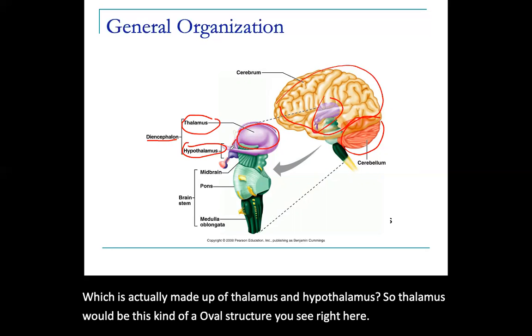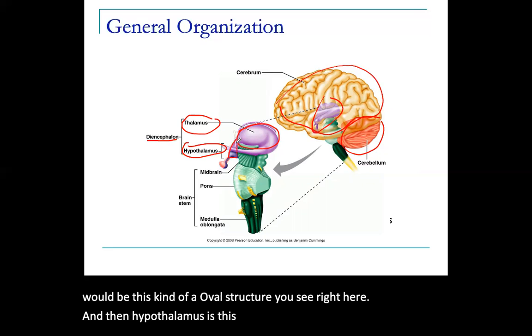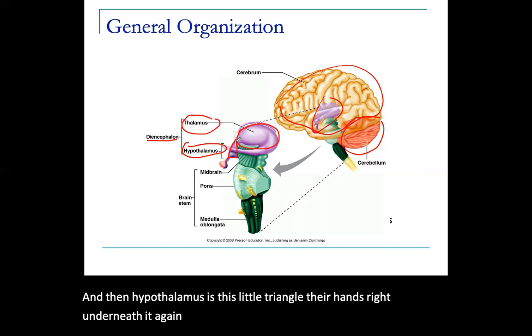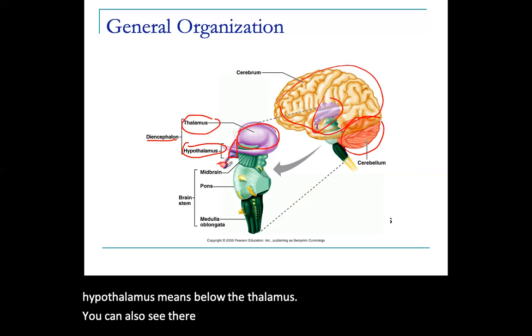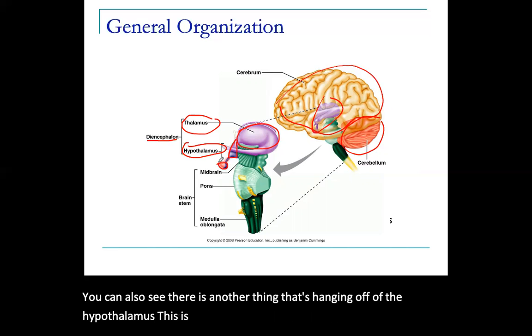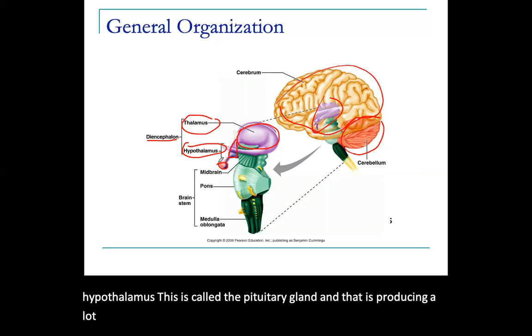And then hypothalamus is this little triangle that hangs right underneath it. Again, understand the word hypo means below, so hypothalamus means below the thalamus. You can also see there is another thing that's hanging off of the hypothalamus. This is called the pituitary gland, and that is producing a lot of hormones, and it is associated with both the nervous system as well as the endocrine system.